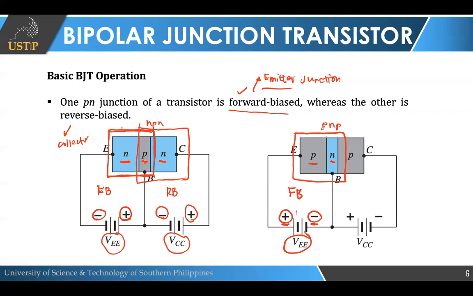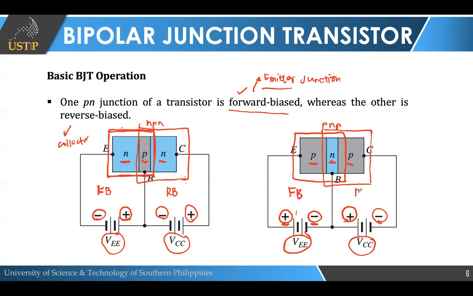All right, let's have the collector junction. Okay, this is now our collector junction. Now, we need to reverse bias this one. So the positive should be connected to the negative, and the negative should be connected to the positive. This is our VCC.